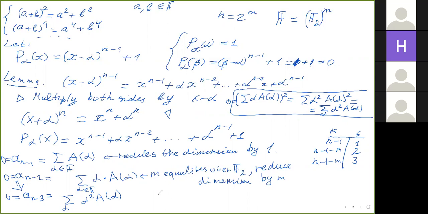And the same phenomenon will happen for all odd values of S. So if we require that, say, A minus S is 0 and S is odd, this is the same as requiring that the sum of alpha to the S minus 1 A of alpha is 0.